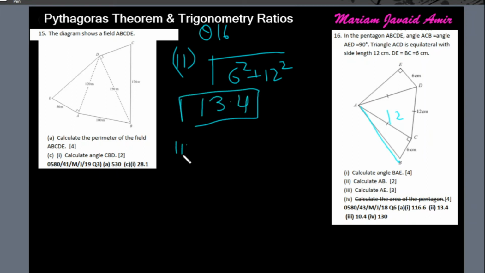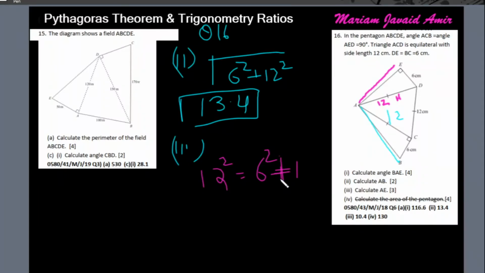Okay, part 3, calculate AE. So for AE, this is the hypotenuse, which is 12. So we'll be using Pythagoras theorem again. C square, which is hypotenuse square, equals 6 square plus AE square.